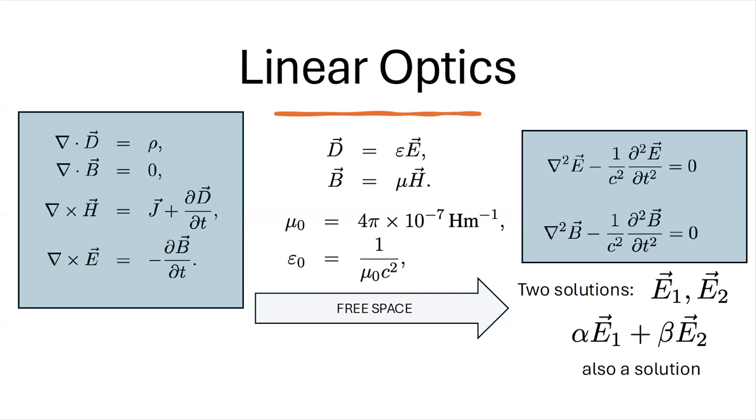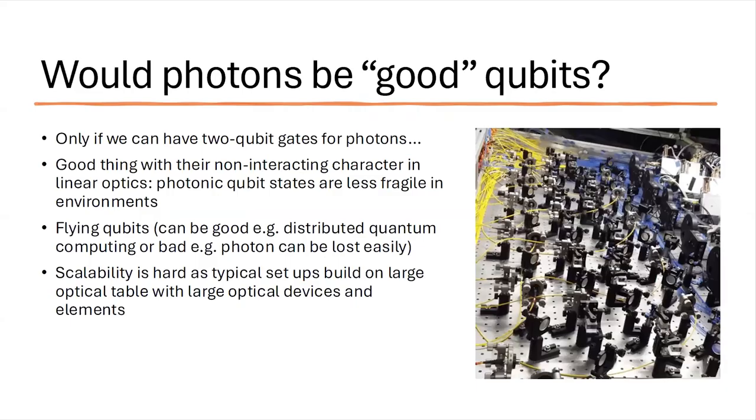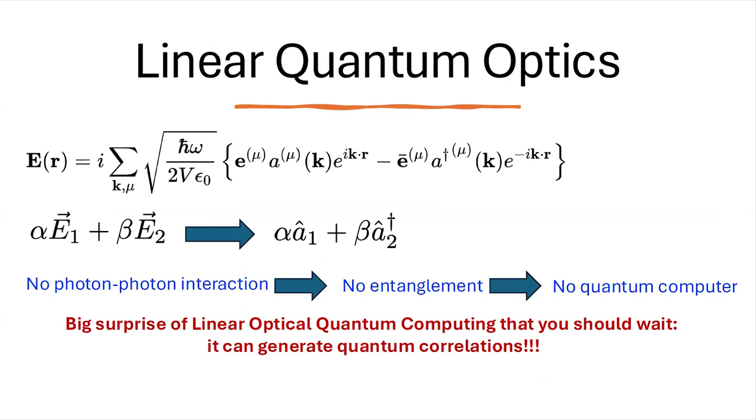Which is not what we need to do quantum calculations. So this is all about linear optics. If you want to go to the quantum case, what you do is you quantize this electric field. So this expression you probably have seen in Jacob's lecture on introductory quantum optics. You replace the amplitudes of the electric fields with some operators.